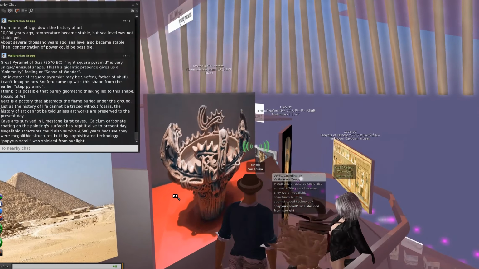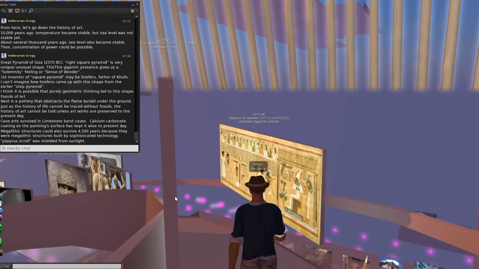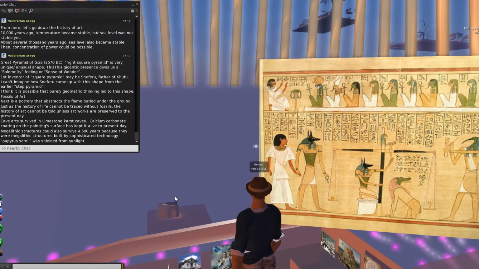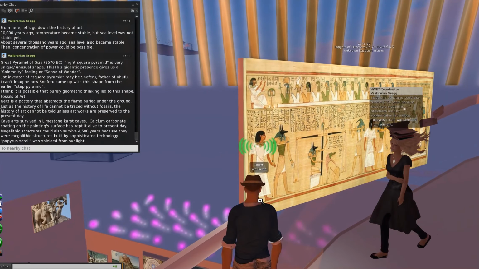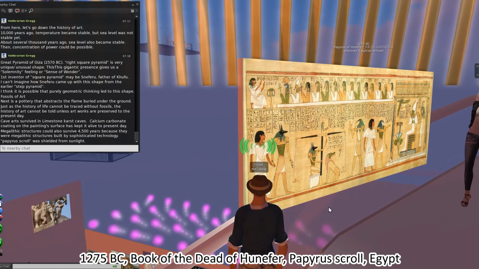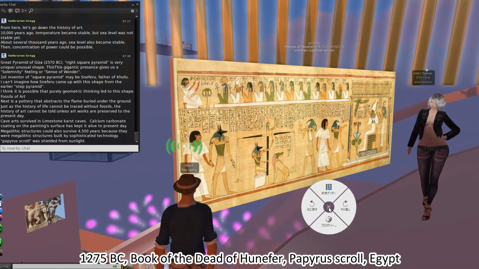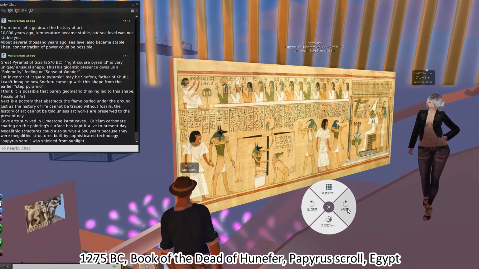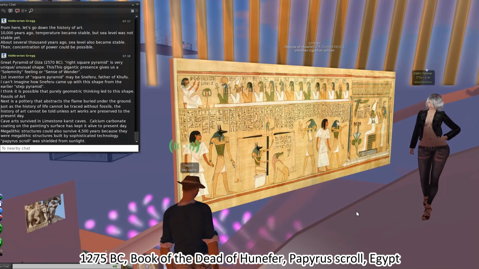And here, this is a papyrus scroll. Papyri were also shielded from sunlight by being rolled up and stored in tombs underground.